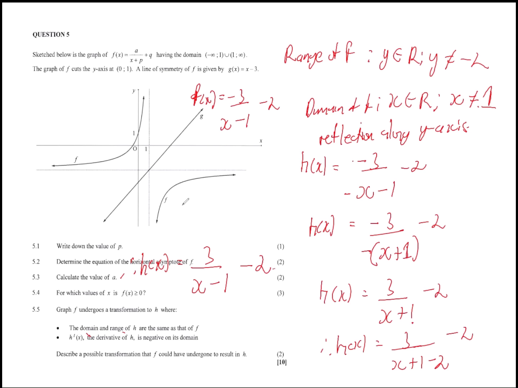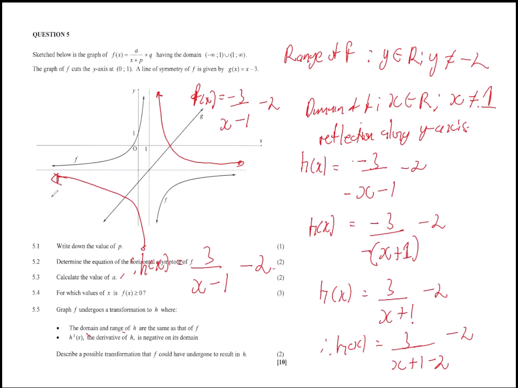Right. So in that sense, that means if I reflect it over this side, then this becomes what? So it becomes something like this. Something like this. Something of this nature.